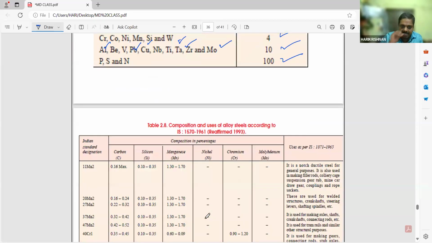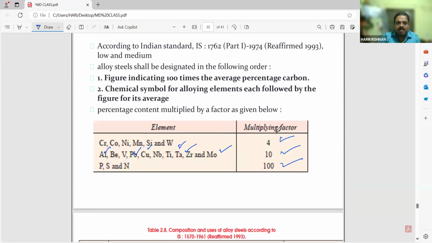Okay, so you can see 11Mn2. That means carbon content is 0.16, silicon content is 0.1 to 0.35, and manganese Mn is 1.3 to 1.7. Okay, so if it is manganese Mn, you have to multiply it by 4.